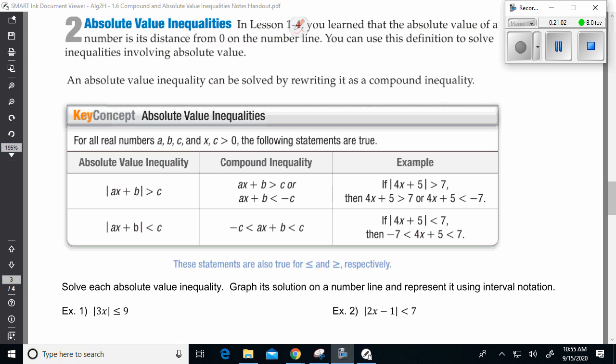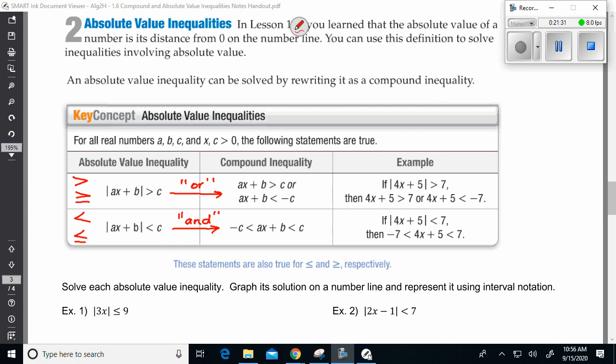So the format you use depends on the sign that was given. If you have a greater than or greater than or equal to sign, you are going to transform it into an or inequality. If you have a less than or equal to sign, you're going to transform it into an and inequality.